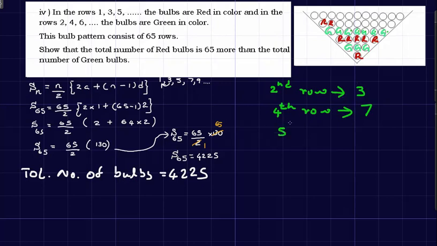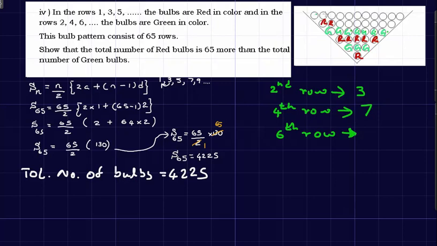And fifth row, rather sorry, it should be sixth row. The sixth row is to be seen, so we can count and get it.